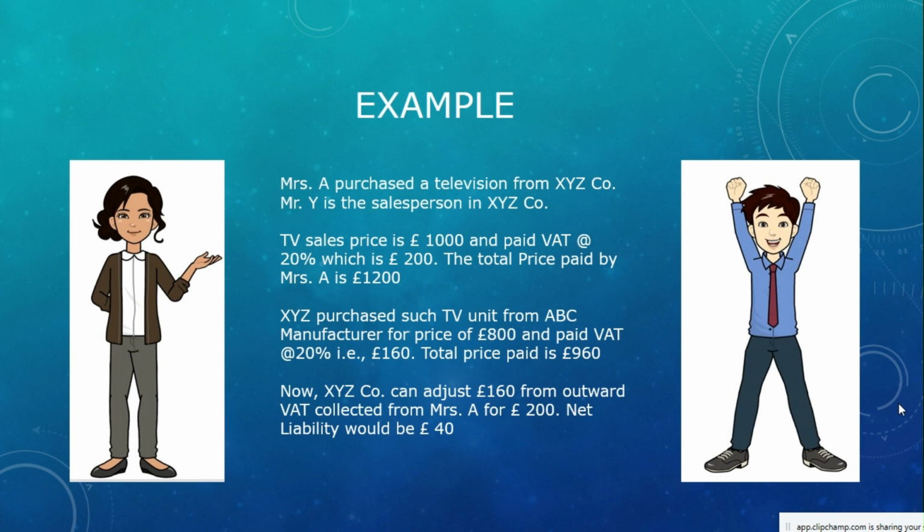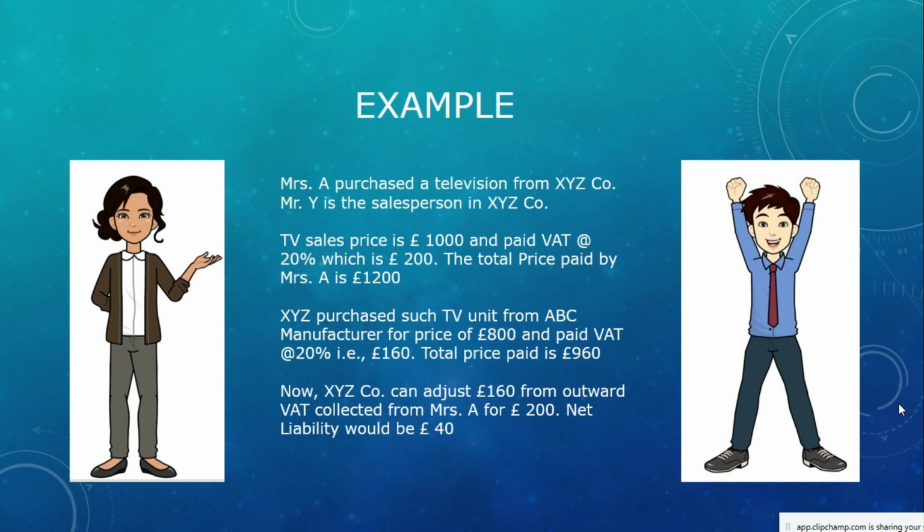Now let's say XYZ company is a trader. They are procuring goods from the manufacturer and selling them to the customer. So XYZ company purchases this TV unit from the ABC manufacturer, who manufactures that television.